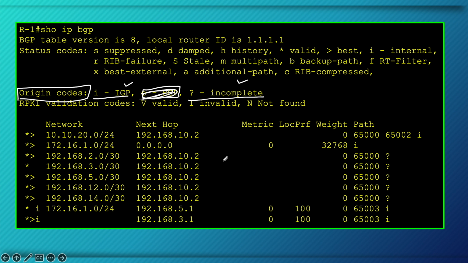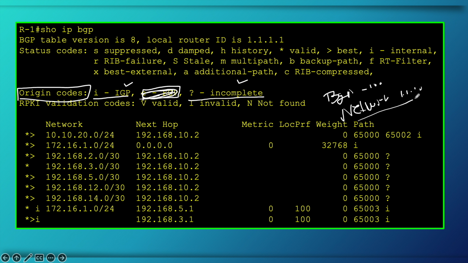Like if any network you have learned and that network is generated locally with the network command, right? So you have configured router BGP 100 with the AS number, then you advertise any network, suppose 1.1.1.0.